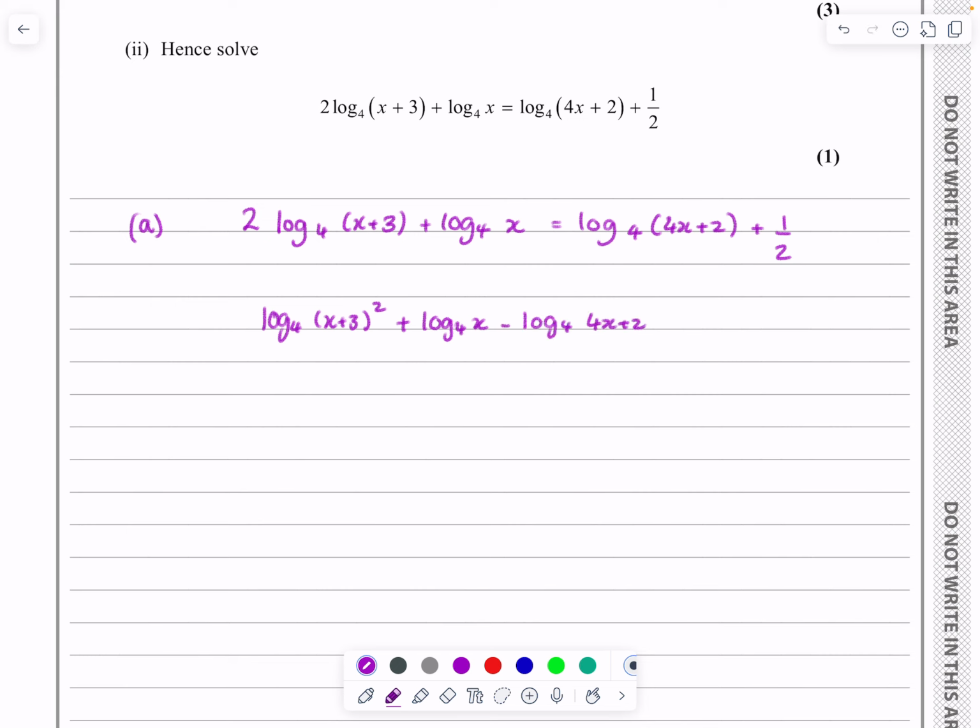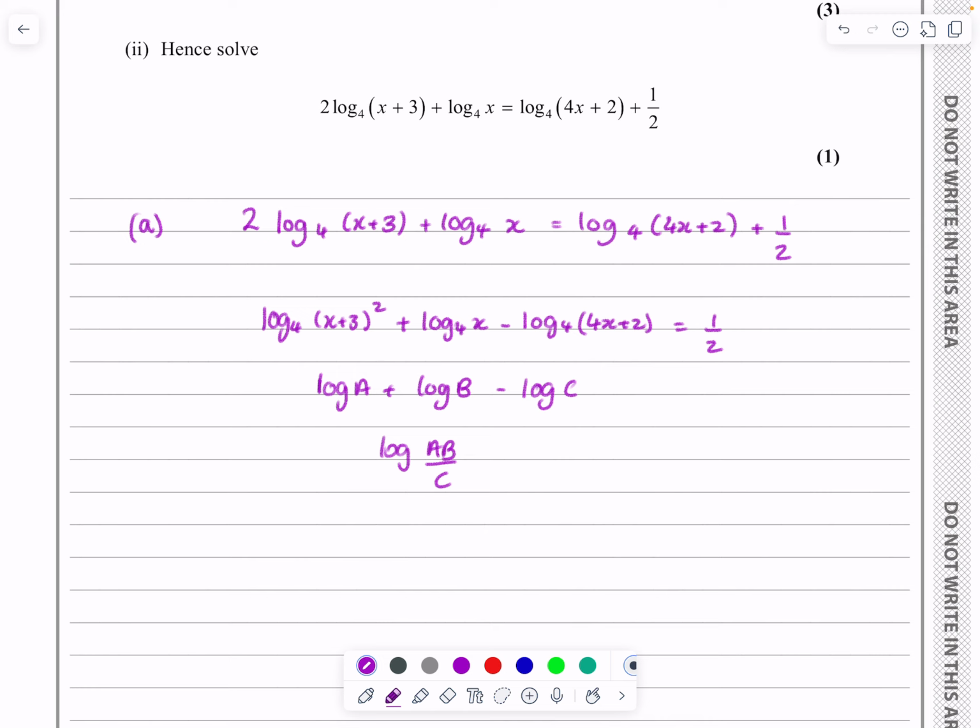4 of 4x plus 2, all equals a half. And then here I've got log a plus log b, and then minus log c. Well, log a plus log b will be log ab, and then if you minus log c, that can be divided by c.